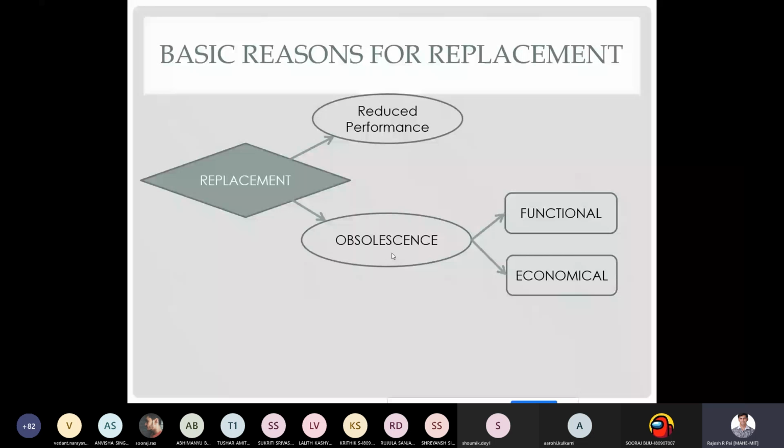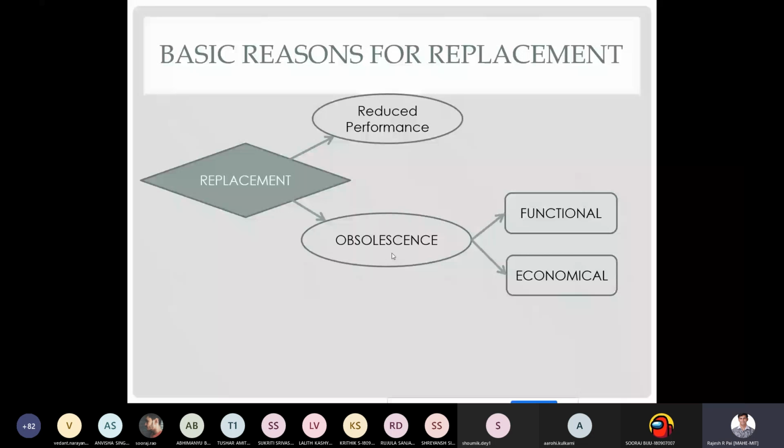The basic reason for replacement is reduced performance, so the operational efficiency of that particular alternative might be reduced. Because more maintenance is required, there would be economic costs associated with it, or it may require more manpower, more space, and more special handling equipment.